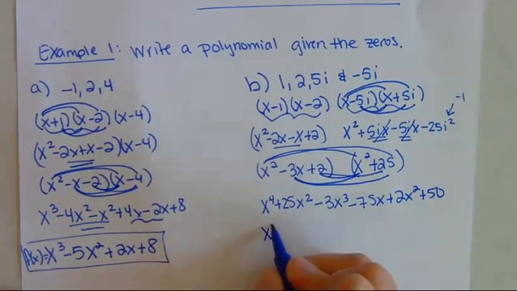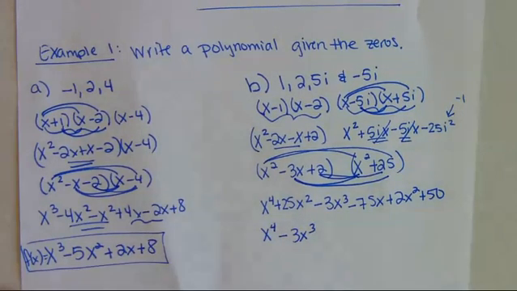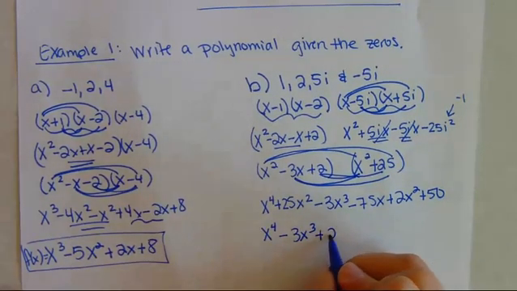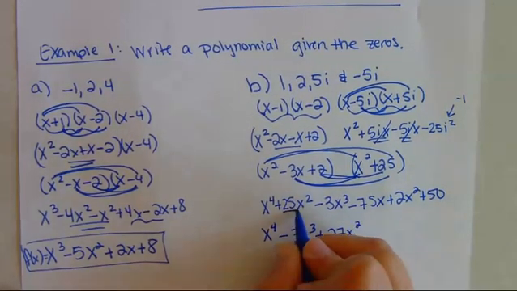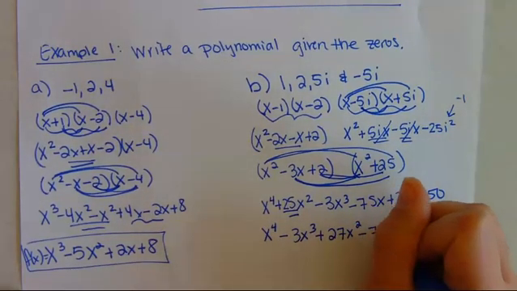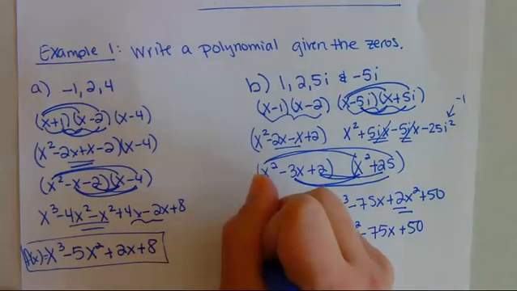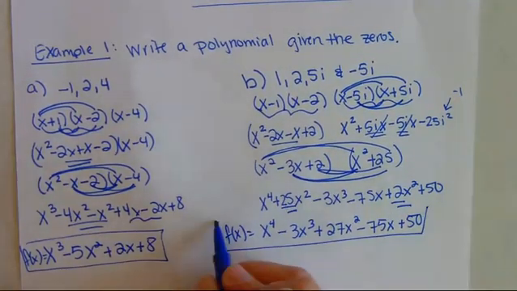So now I have x to the fourth minus 3x cubed, we're trying to keep this in standard form here, plus 27x squared. The 27 is coming from 25 plus 2, then minus 75x plus 50. And then we'll also put that f of x in front and call it today.